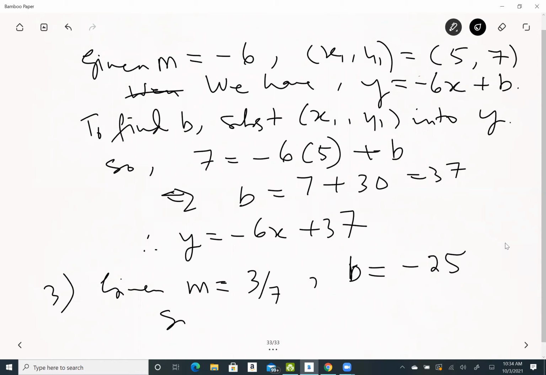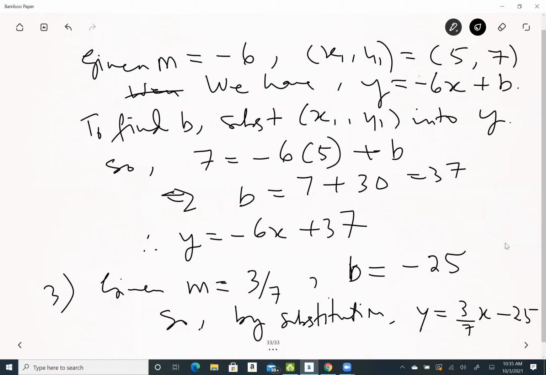So what is the function? We just do direct substitution. By substitution, you got y equal to 3/7 x minus 25. So that would be the last part of 1.3, and 1.3 we're finished. All right.